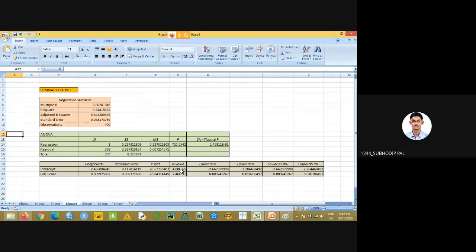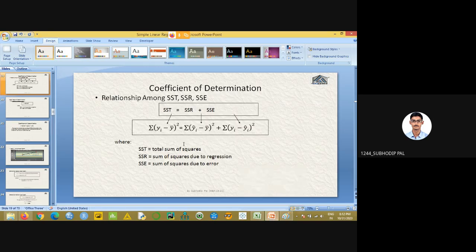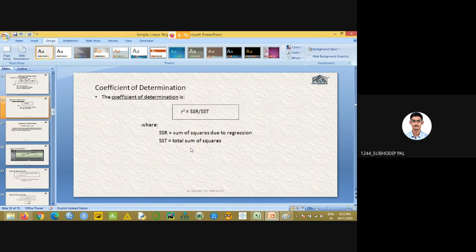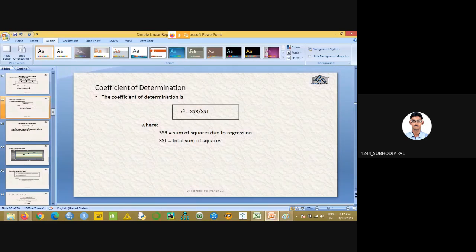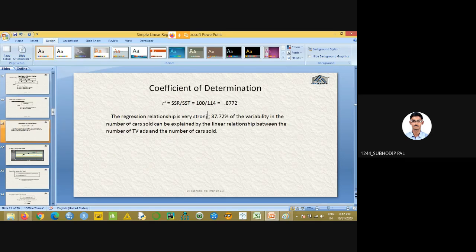We can calculate all of these manually also. This is the formula. The R square you can see here, this is the R square value. How do we calculate R square? If you know the value of SSR and SST, you can easily calculate R square.